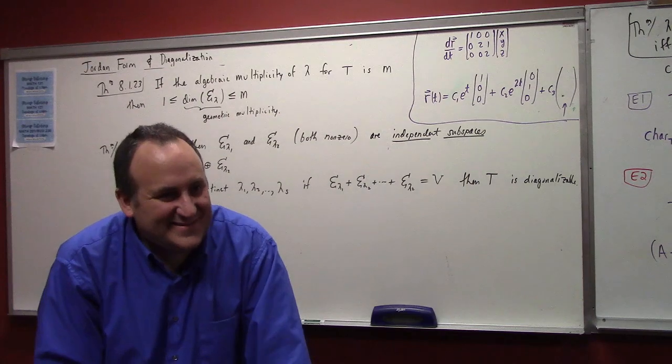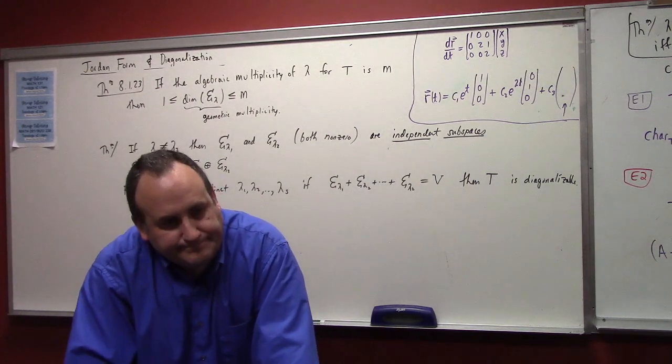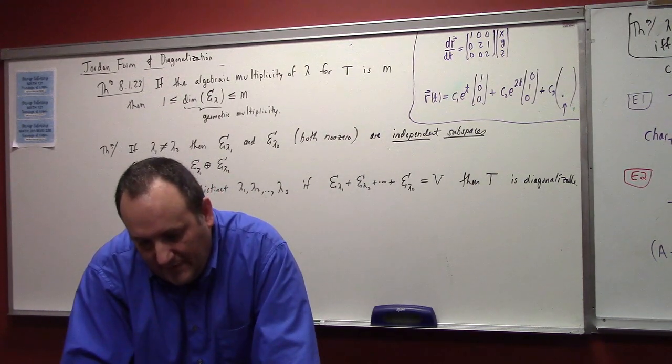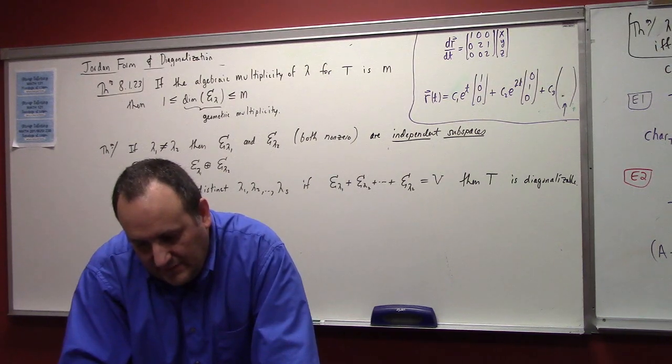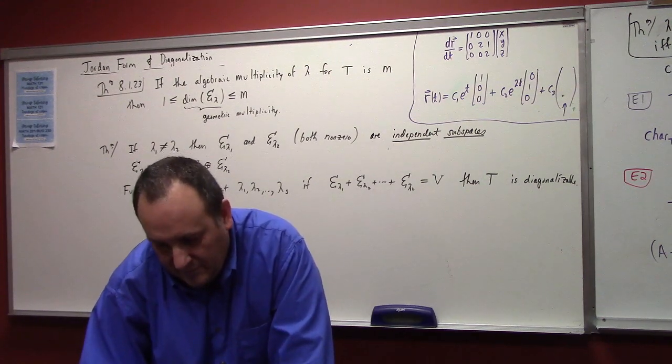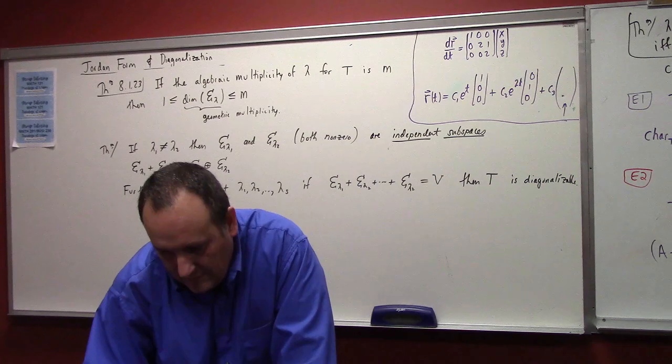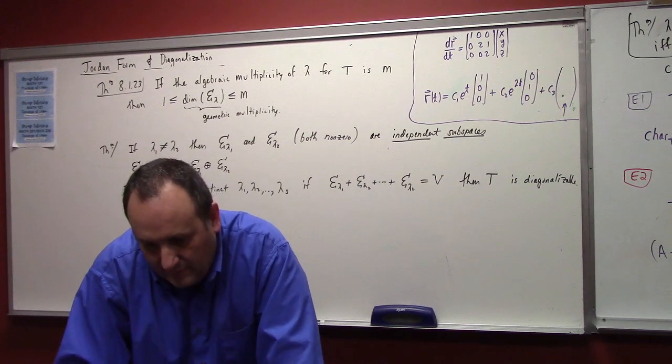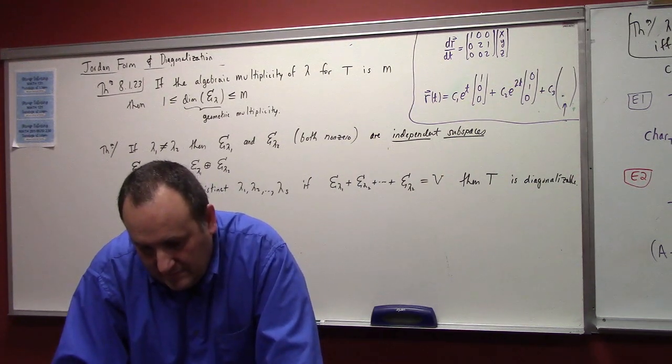It's just a calculation. Did you say 8.1? Theorem 8.1.27, which is a lower form of what I wrote on the board. Because what I wrote on the board is the theorem for eigenspaces, and that would be my theorem 8.1.28.